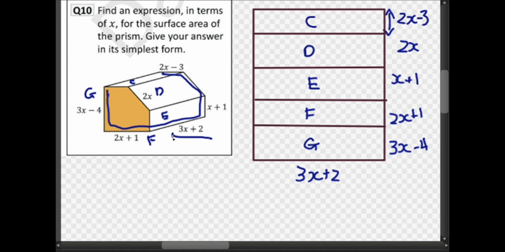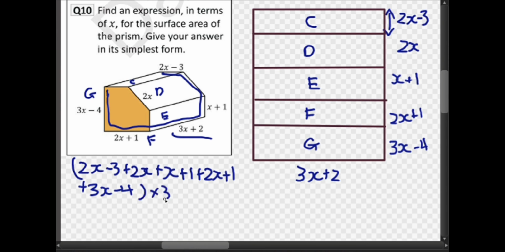So basically, now we add all of them up: 2x plus 3 plus 2x plus x plus 1 plus 2x plus 1 plus 3x minus 4, times 3x plus 2, which equals 10x minus 5 times 3x plus 2.